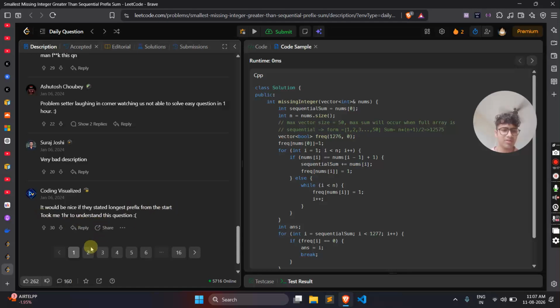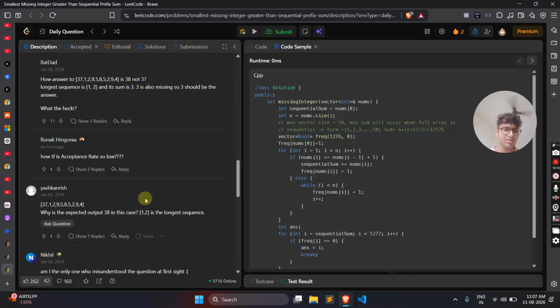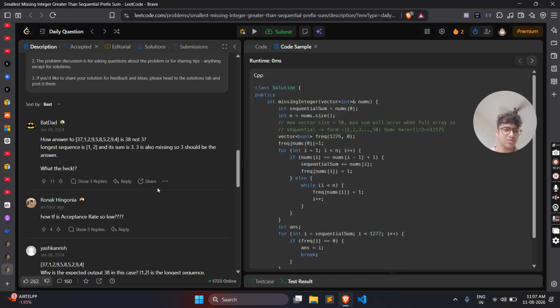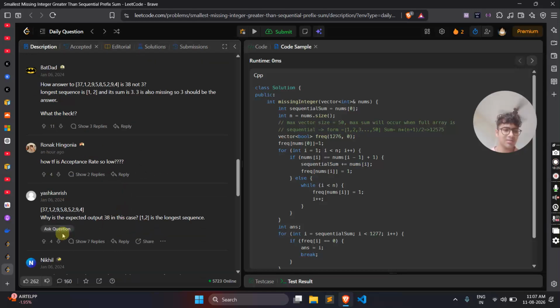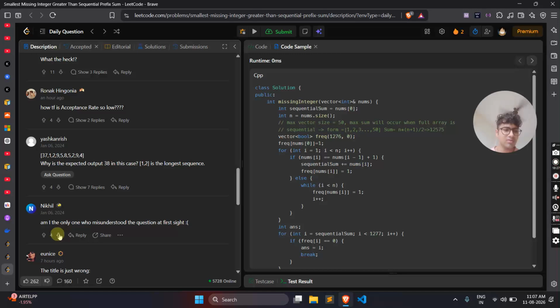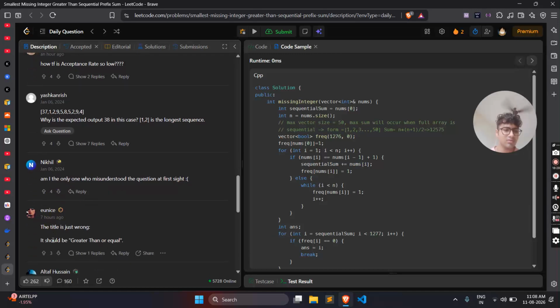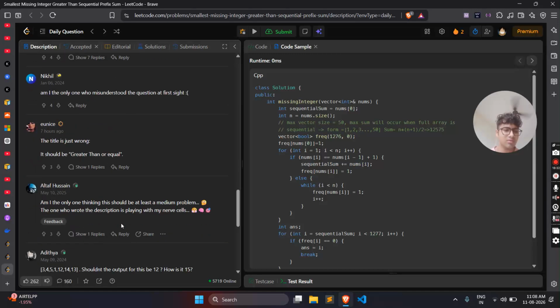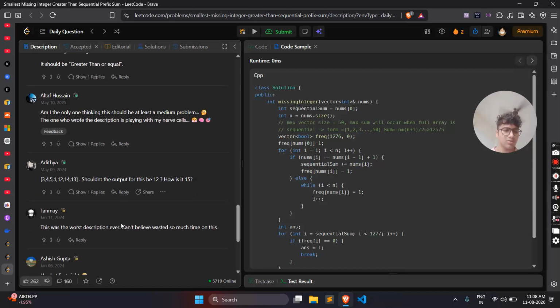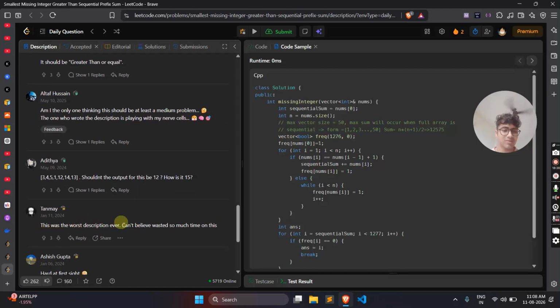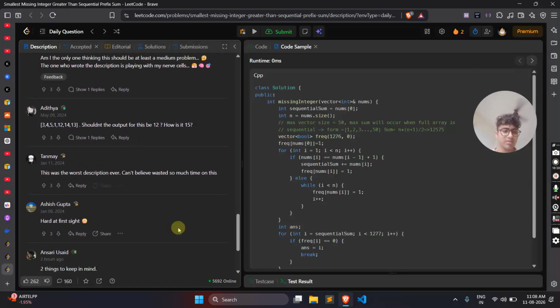Took me 1 hour to understand this question. The acceptance rate is so low. It was the worst description. I can't believe we wasted so much time on this.